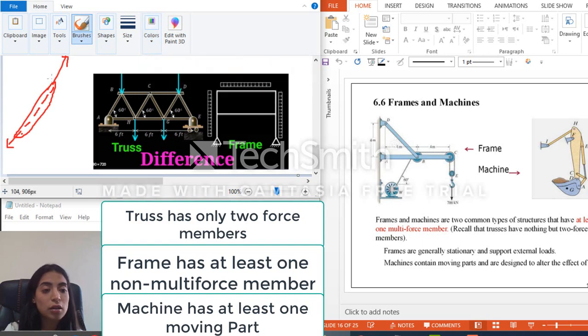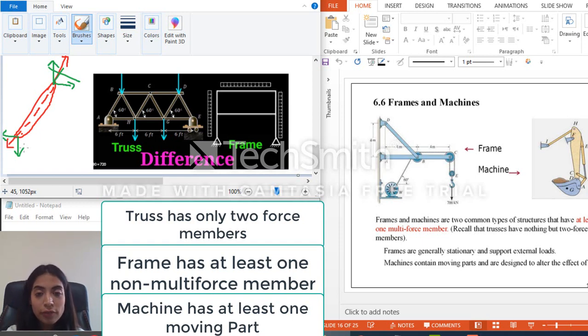In fact, the forces resemble the reactions of the pin, which means, guys, at each pin in the frame, I have two reactions or two forces on this member.